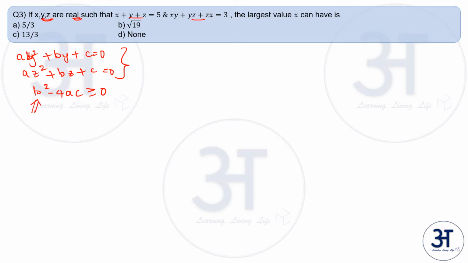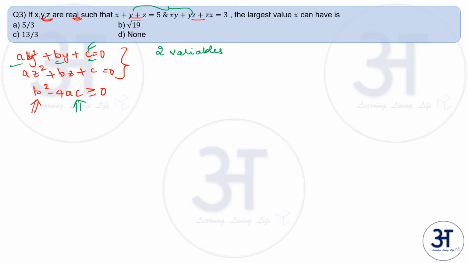This means we get a quadratic equation in either y or z, where a, b and c have traces of x. So basically we have to convert these two equations into a single quadratic equation in two variables, one of which is x, and we will treat it as a constant, and then we will use this inequation to get more information about x.